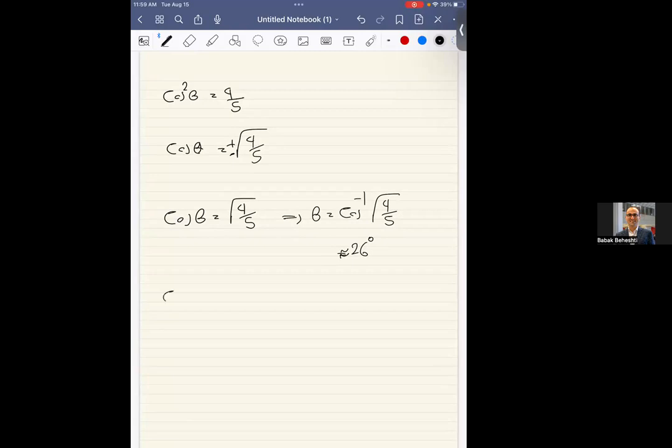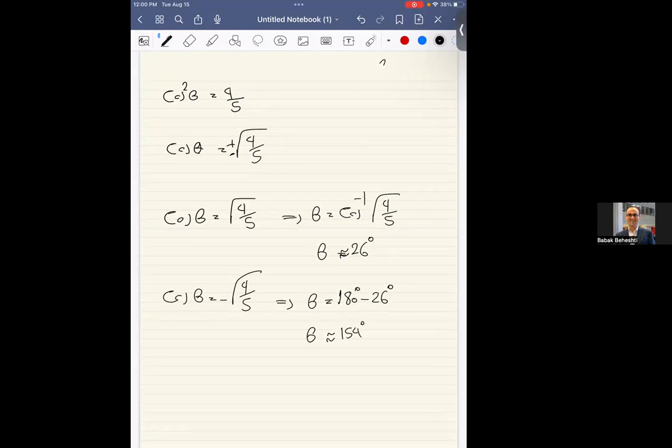How about cosine theta equal to minus? That means theta is 180 degrees minus 26, right? 180 minus 26 is 154.